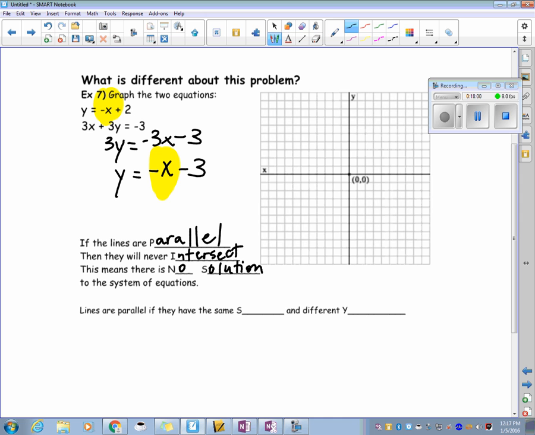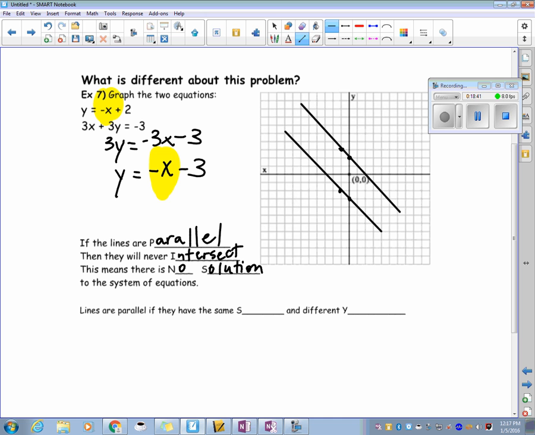So we don't even really need to graph this one to figure that out. But let's go ahead and graph them just for good practice. The first one has an intercept at 2 and a slope of negative 1. So here's the line for this one. And the second one has an intercept of negative 3 and a slope of negative 1. So there's the line for this one. You can see that those two lines are parallel and they will have no intersection.